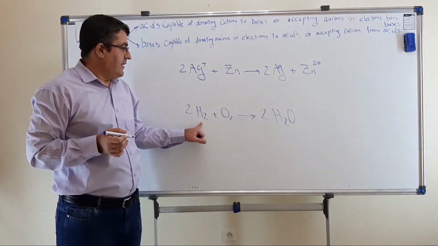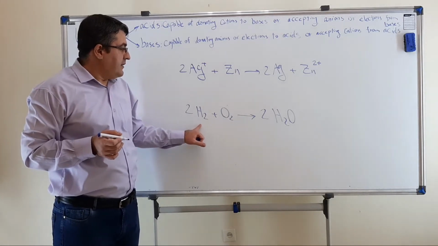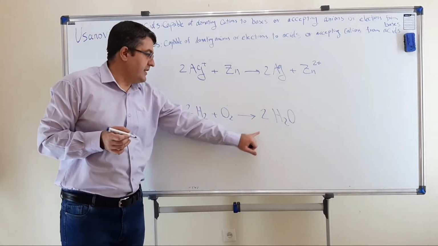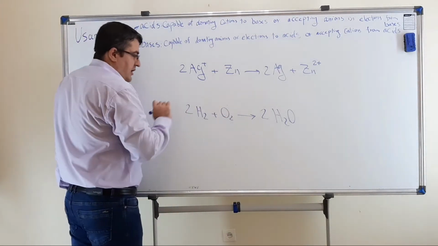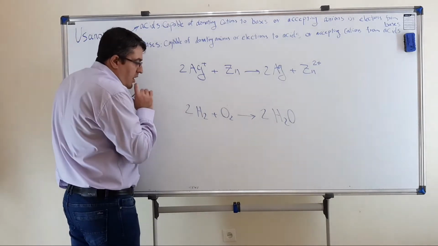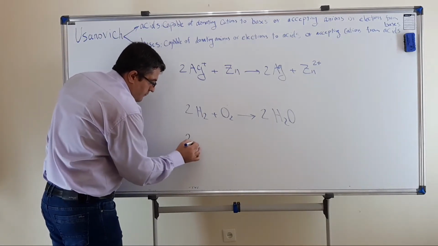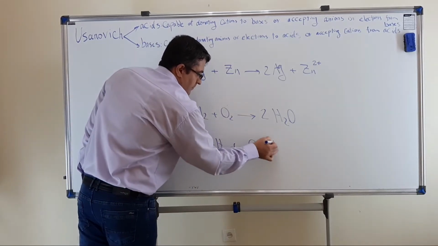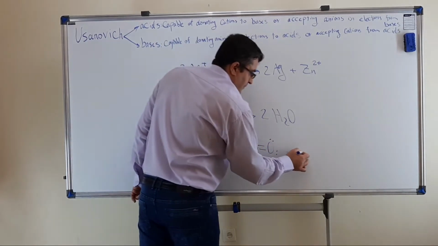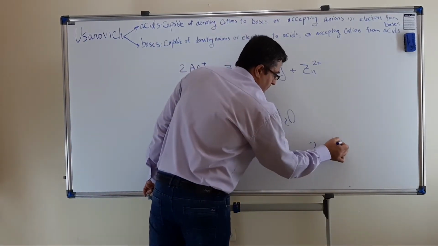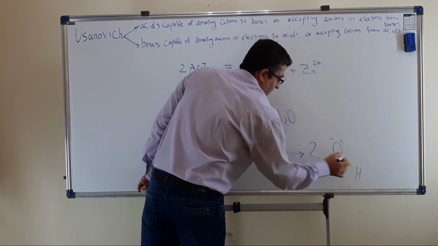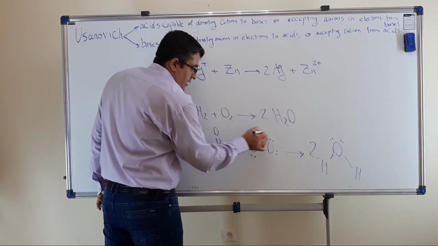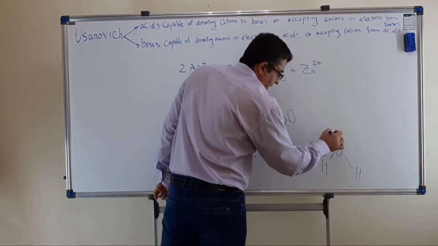On the other hand, the situation is somehow different in the second reaction. For this reaction, Lewis structures of reactants and products are as follows. The oxidation states are like this.